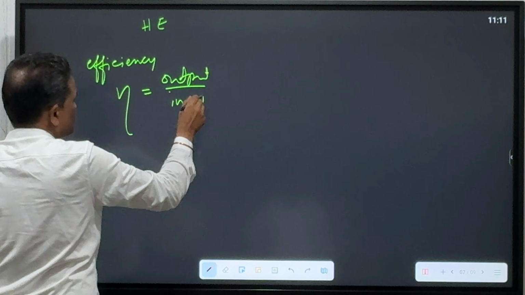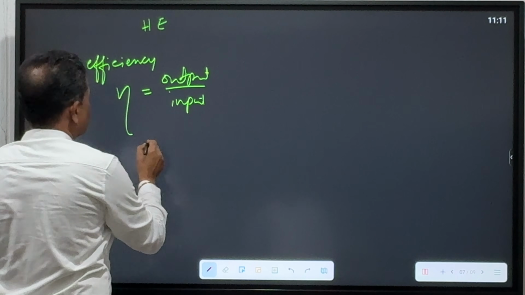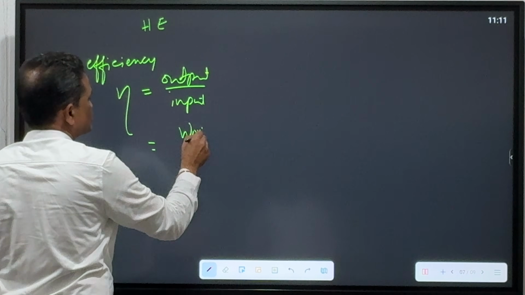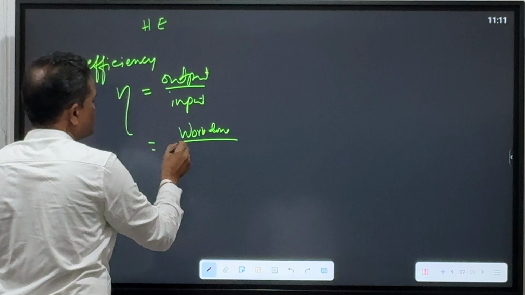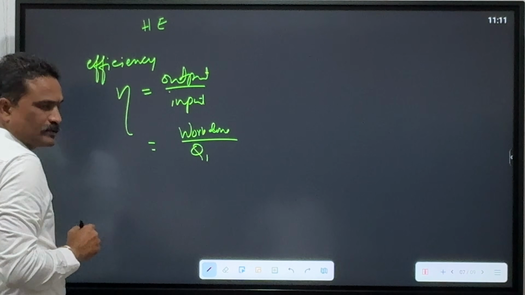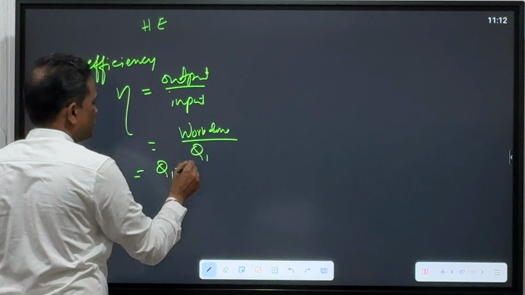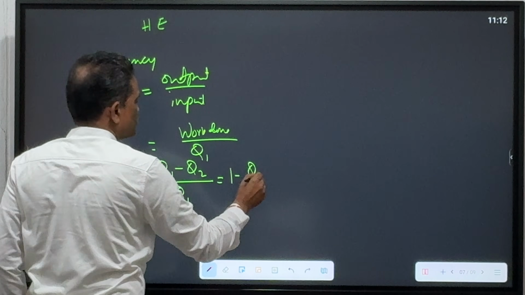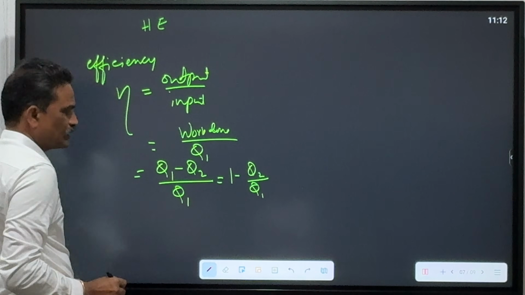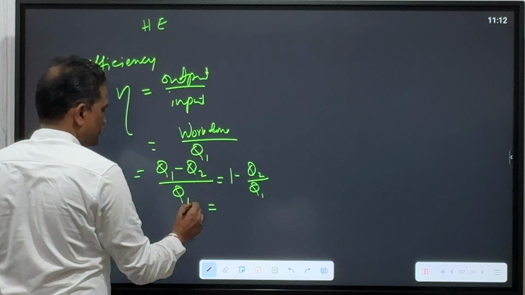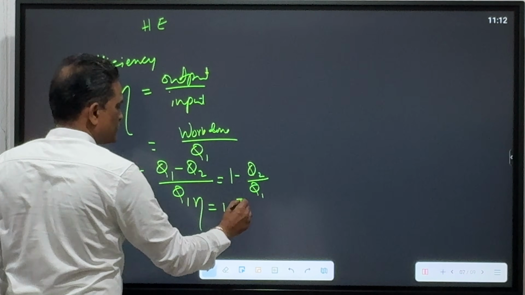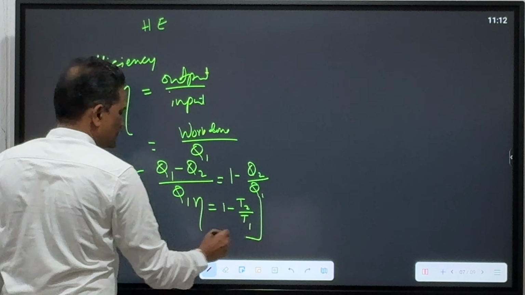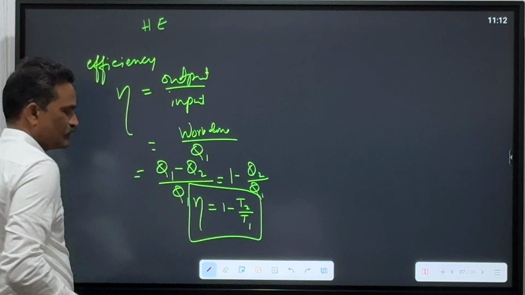The output is work done. The input is the heat Q1 drawn. Note it as (Q1 - Q2)/Q1. This is nothing but 1 - Q2/Q1, or in terms of temperatures, eta = 1 - T2/T1. This is in the case of a heat engine.